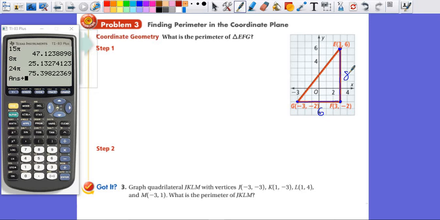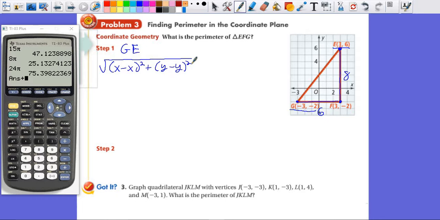Now that we have those 2 dimensions, we just need to find the third one. To find the third one, we need to figure out the distance. Now we're finding the distance of GE, all right? So we need to know those 2 points, which would be this point and this point. And if you recall from earlier, our distance formula is the square root of x minus x squared plus y minus y squared.